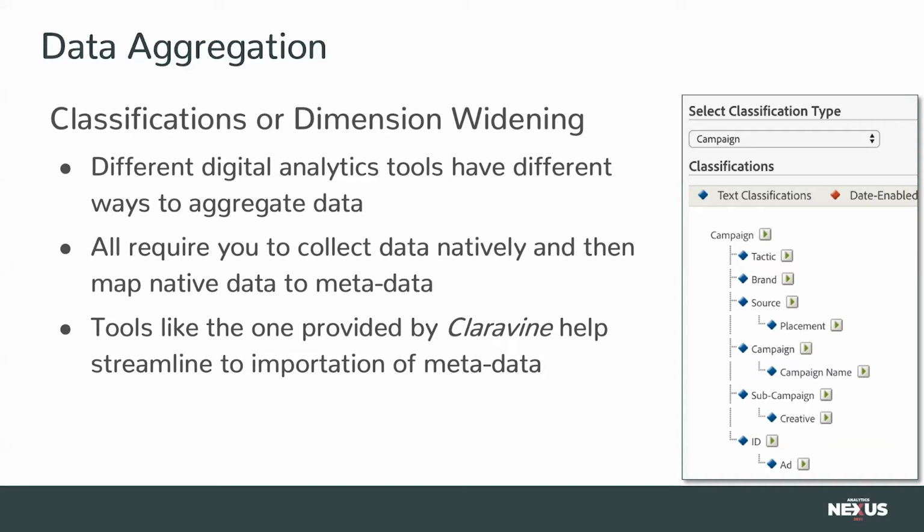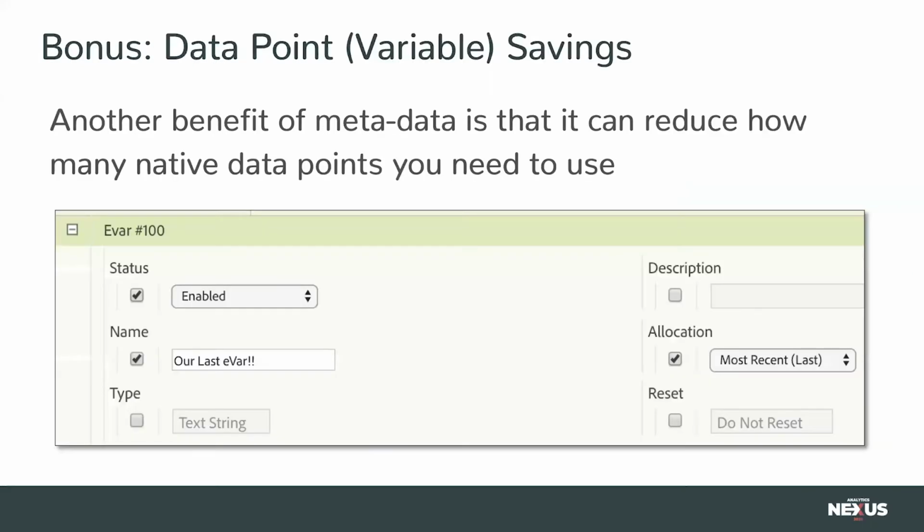But one other bonus tip before we leave the data aggregation area that a lot of people forget is that you can actually use data aggregation and metadata to save variables in your implementation. Some digital analytics tools, depending on which package you're on or how much you're paying to the vendor, will give you a certain limit of how many data points you can collect natively in JavaScript.